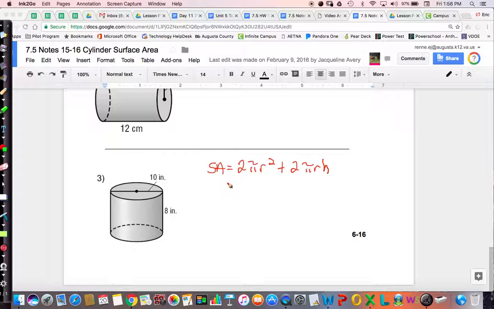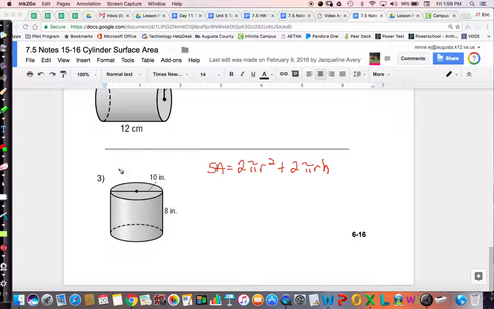Okay, now I'm going to look at the picture and I'm going to look for the circle and try to locate the radius. Now this time I notice my line goes all the way across the top of the circle. So that is measuring the diameter. But if you look at the formula, I don't have D in the formula, I have R. So you remember from our previous note sheet on volume of a cylinder, we said that the radius is half the diameter.